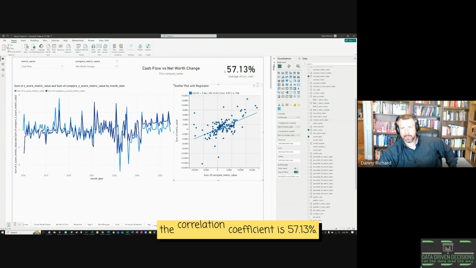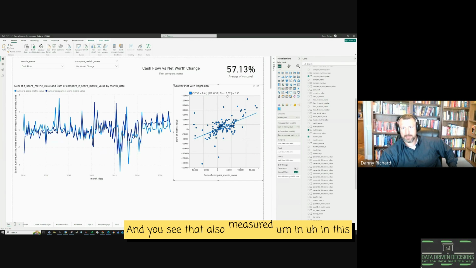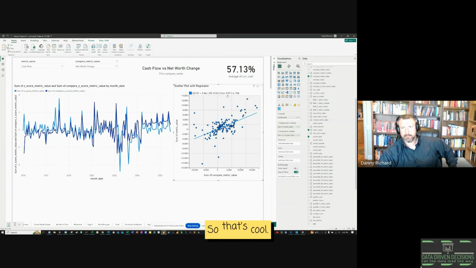The correlation coefficient is 57.13%, and you see that also measured in this plot, and it's the same. So that's cool. This is measured in BigQuery. This is measured in Power BI. And here's that fit line.